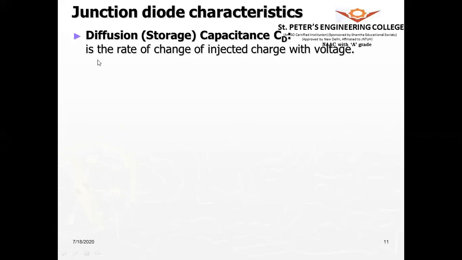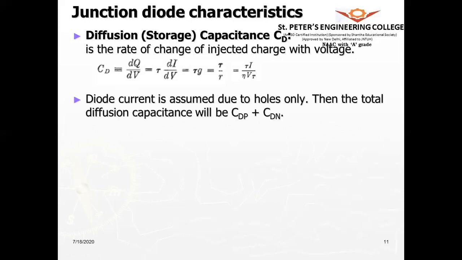It is the rate of change of injected charge with voltage. So CD by definition is equal to dq by dV, which we can write as tau into di by dV, which we can write in terms of the conductance G, and the diode current is assumed due to holes only.